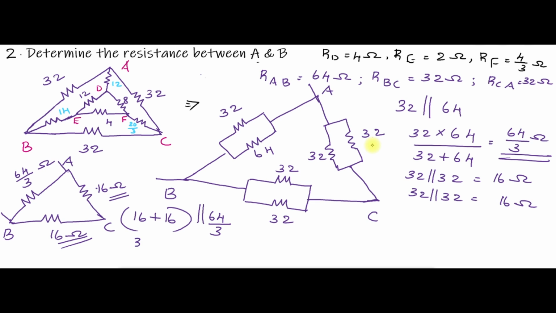So 16 plus 16 is 32 parallel with the 64 by 3. So you can get RAB is equal to 32 multiplied by 64 by 3 whole divided by 32 plus 64 by 3. Taking LCM and all, you will be getting the answer as 12.8 ohm.